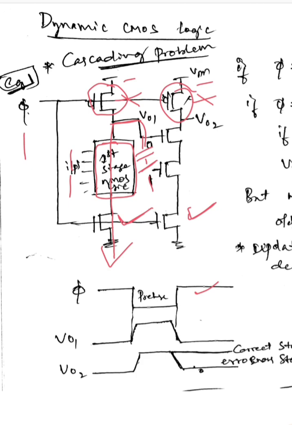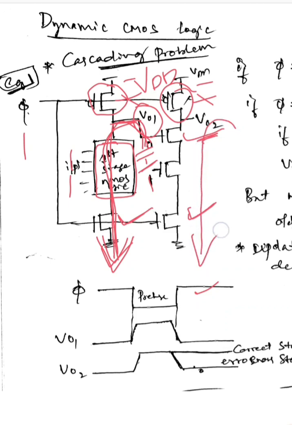Initially VO1 will be at VDD, and because of that, the second stage N transistor will be on until VO1 falls below its threshold voltage. Because of that, in the evaluate state in the second stage, VO2 also gets a path to discharge, and VO2 will keep discharging until this transistor is on.